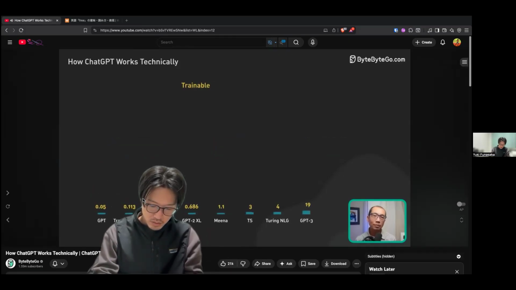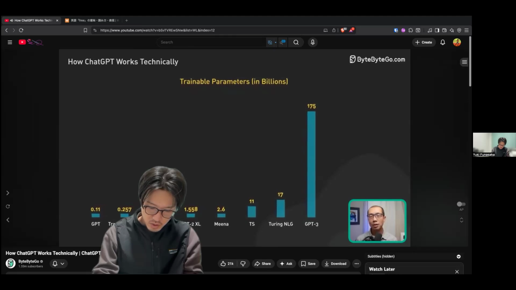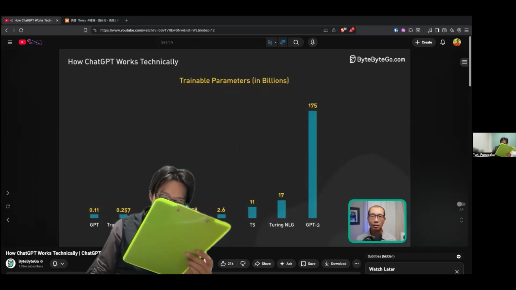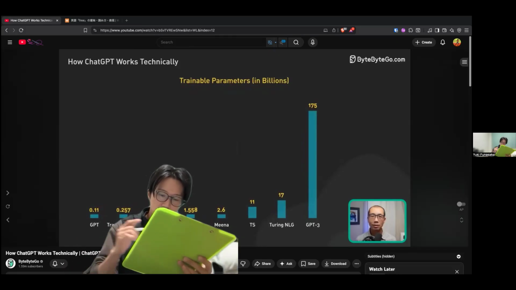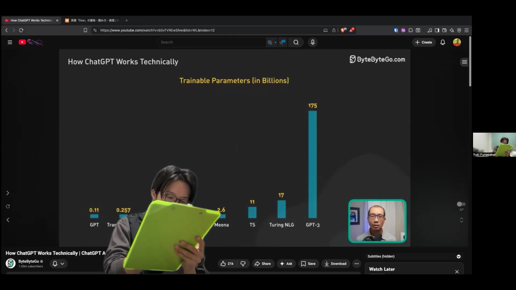Now, an LLM is often characterized by its size and the number of parameters it contains. An LLM is often characterized by its size. Characterize.